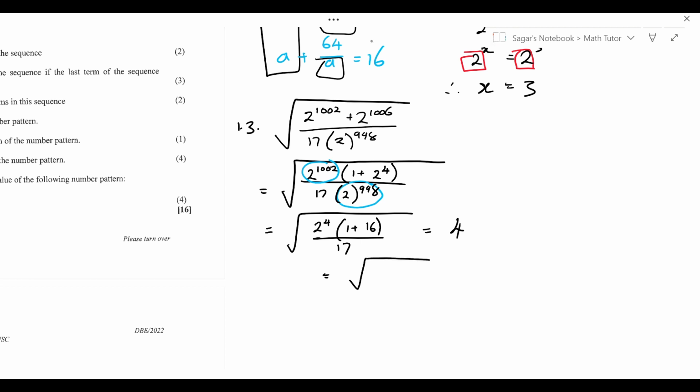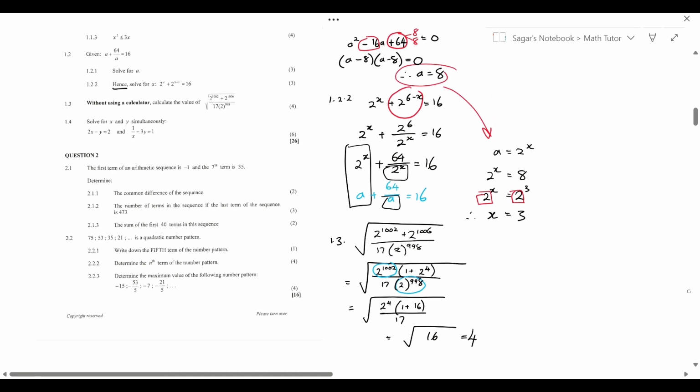Let's do it manually. 17 over 17, 2 to the power 4, that's in fact 16. Right, 17s cancel, we're left with the square root of 16, which is 4.